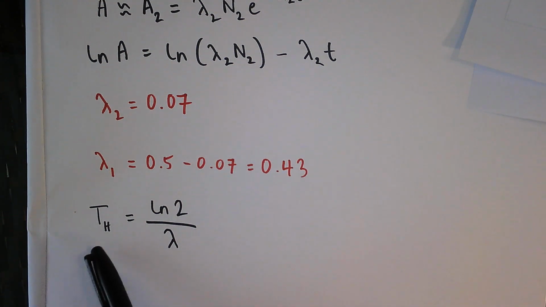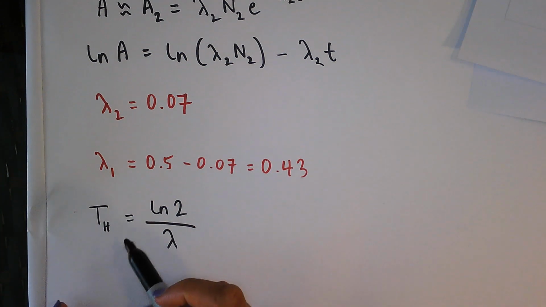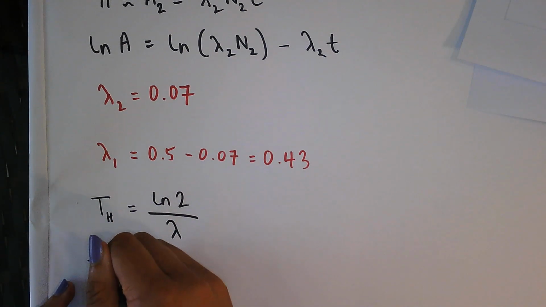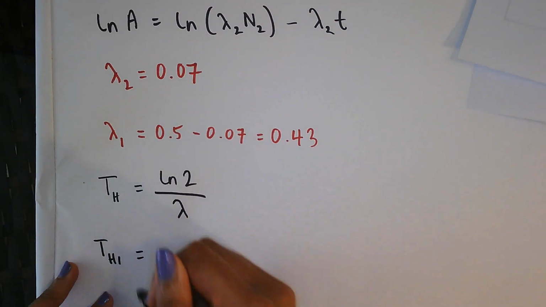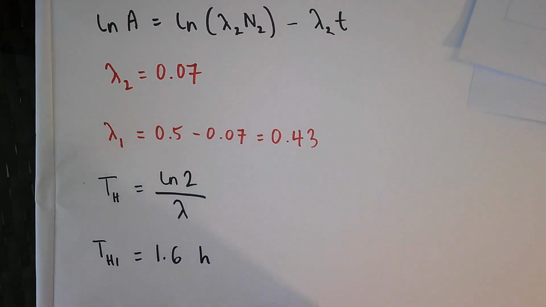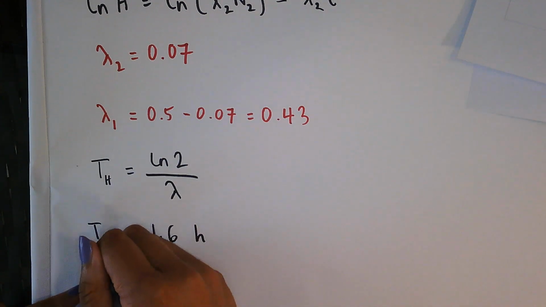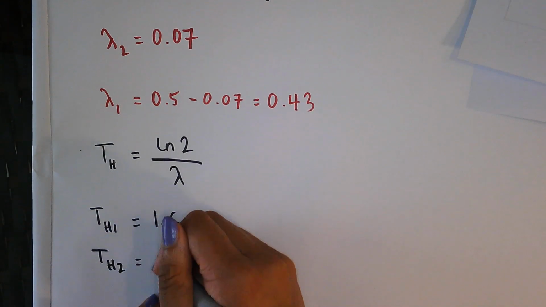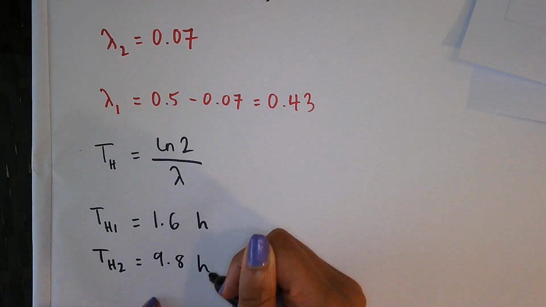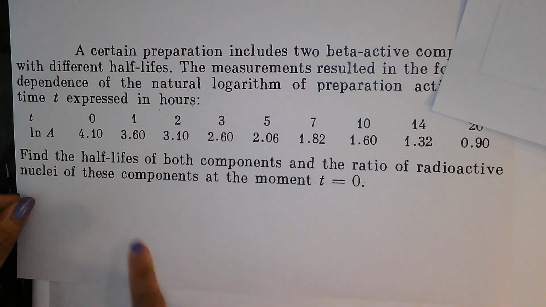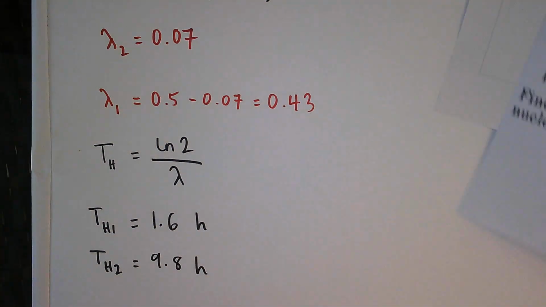Using this equation, we know that TH1, the half-life of component 1, comes out to be 1.6 hours, and TH2 is 9.8 hours. Okay, so that's the first part of the question done, which asked us for the half-lives of both components.